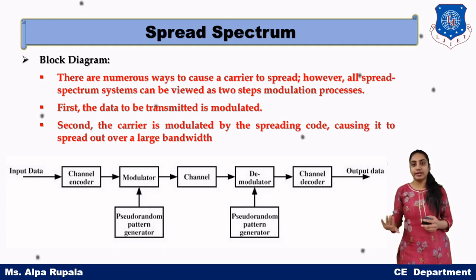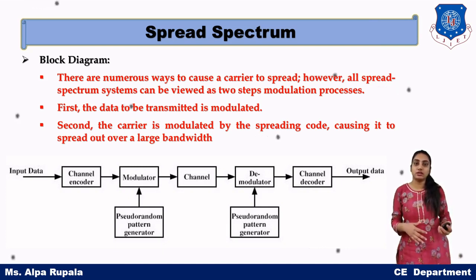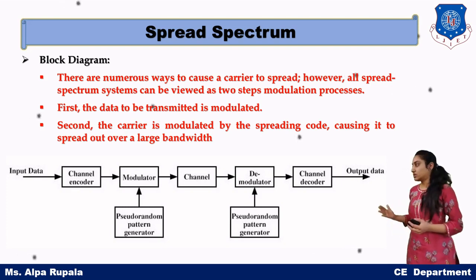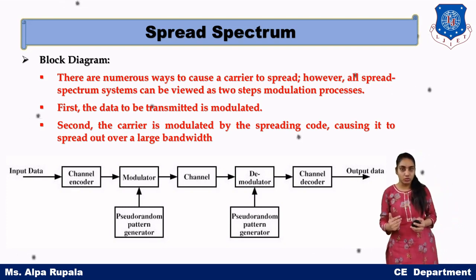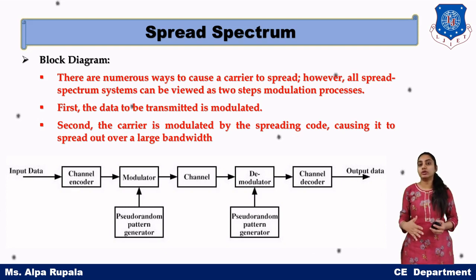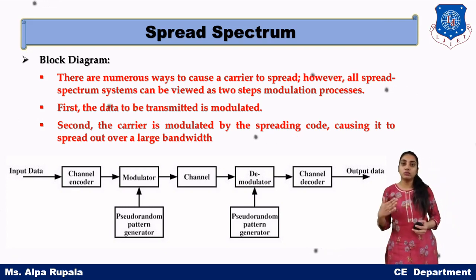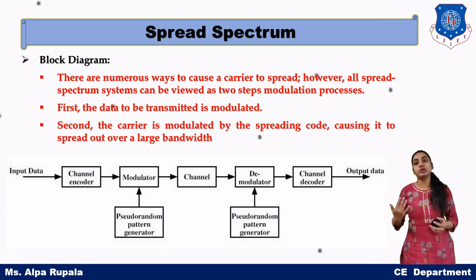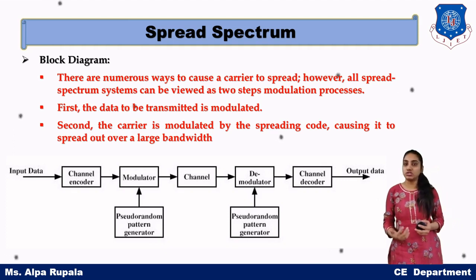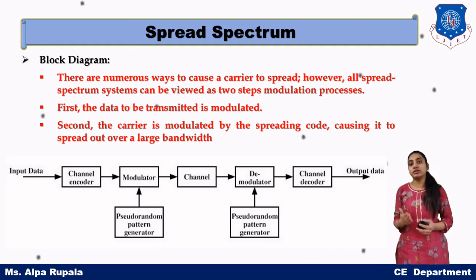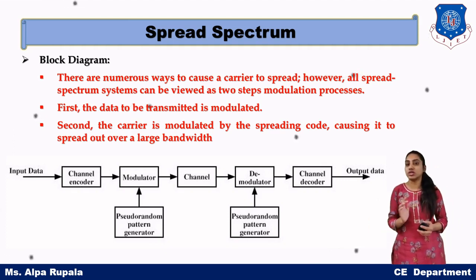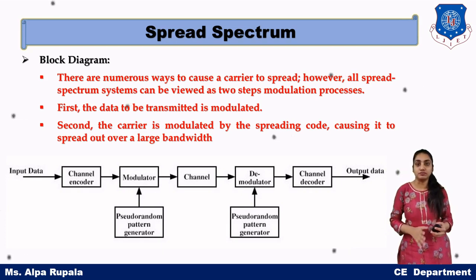This is the generalized block diagram for spreading technique. We can have different types of spread spectrum technique, and the block diagram of each technique will be different. So the input is provided to the encoder, then given to the modulator. The modulator has another input from the pseudo random pattern generator, and then it goes directly to the transmission channel for transmission.